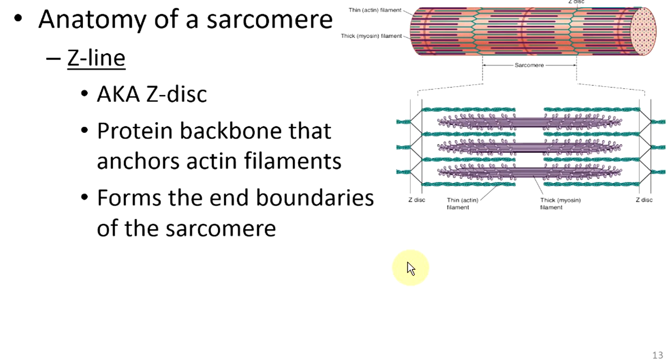So from one Z-disc to another is a boundary. One thing that you need to understand is that here's one sarcomere, but right on the other side is another sarcomere. So here's an actin filament that's cut off, but it continues on. You can see Z-disc, Z-disc, and it continues on to the next sarcomere.